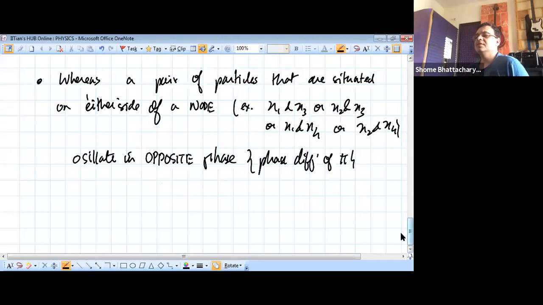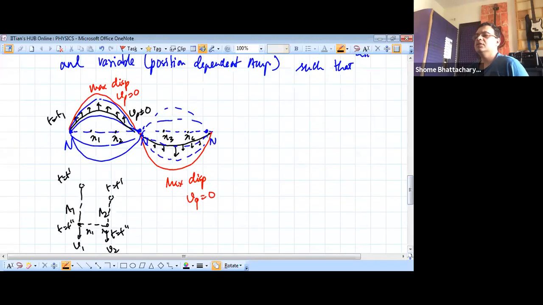And also you will understand from this in general. Now if you consider all the particles between this node and the next node, at that particular instant they are like this. So again you can see that these two particles x1 and x2 will be in phase with any particles between these two, let's say x5 and x6.